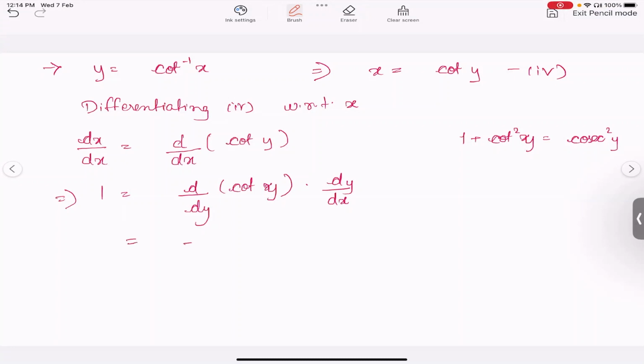Now this thing we already know will be equal to minus cosec square y times dy by dx.